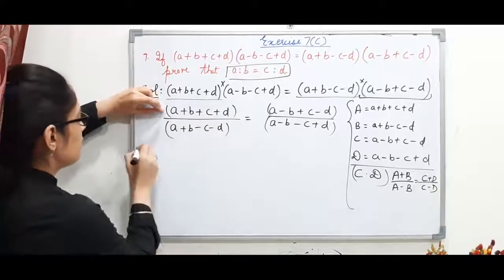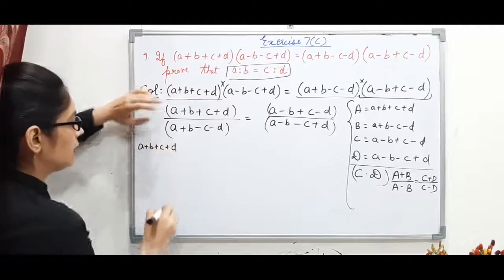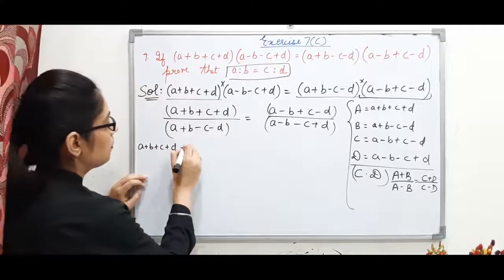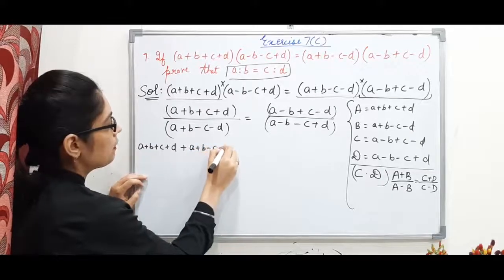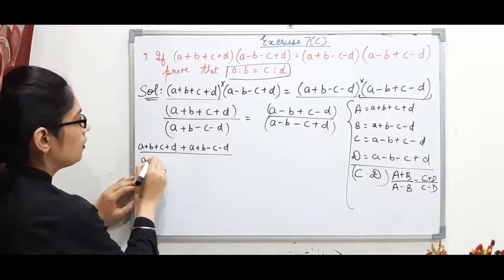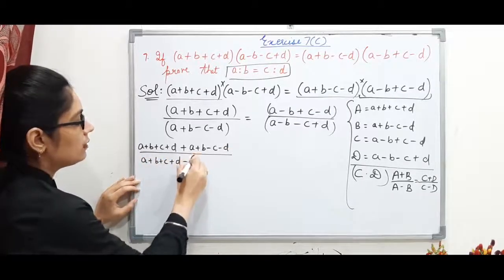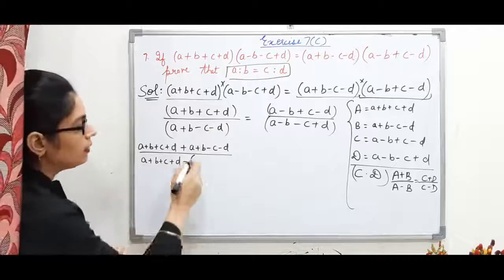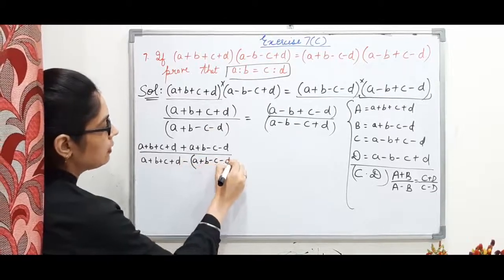A is this, a plus b plus c plus d. A plus b. B is this full expression, a plus b minus c minus d. Now A is a plus b plus c plus d minus, see, write this term in brackets, it is a plus b minus c minus d.